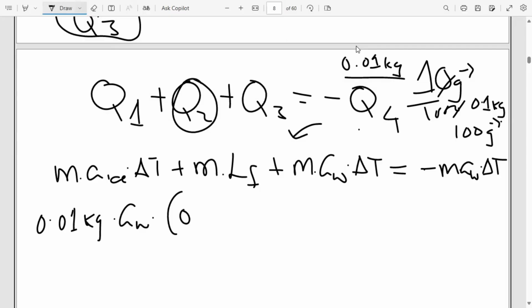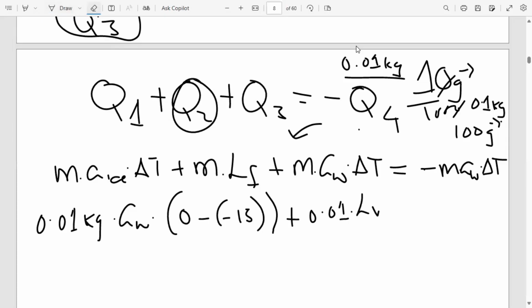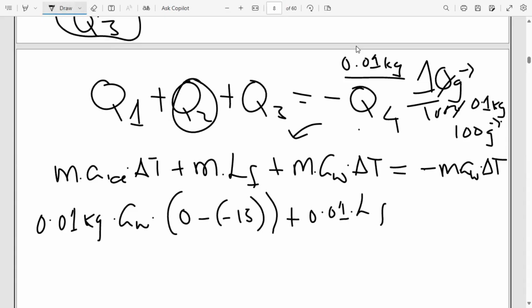Final is 0 minus the initial, which is negative 15, plus the mass, which is 0.01, multiplied by the latent heat of fusion, plus the mass again, 0.01, multiplied by the specific heat capacity of water multiplied by the change in temperature, which here will be equal to T final, that we don't know, minus 0 degrees Celsius.